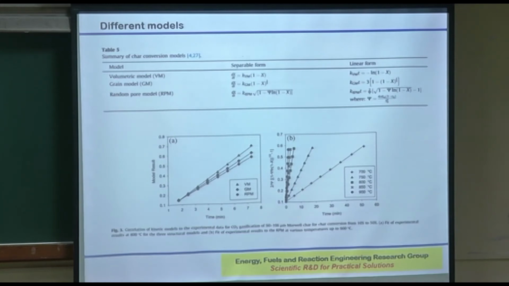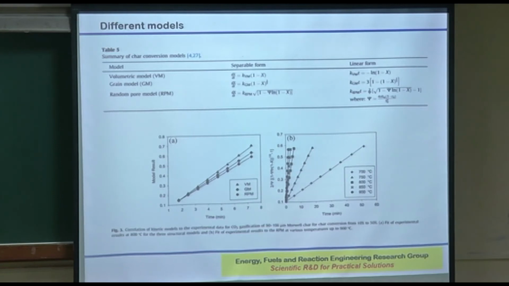The model prediction will always be a straight line. If the data doesn't fall on that straight line, that means it's a nonlinear fit, which basically means the volume model will not be applicable, or the random pore model will not be applicable.